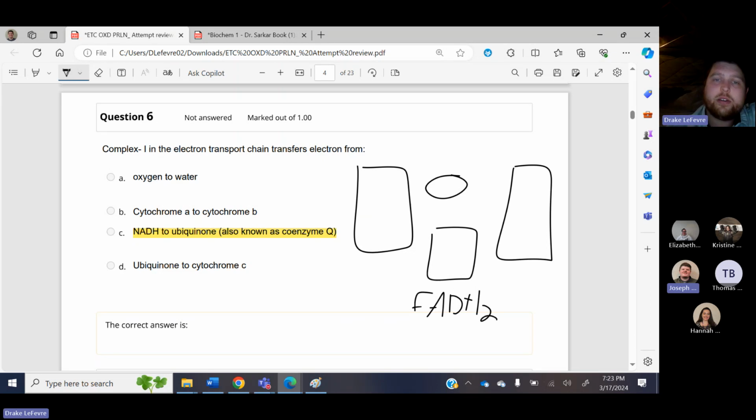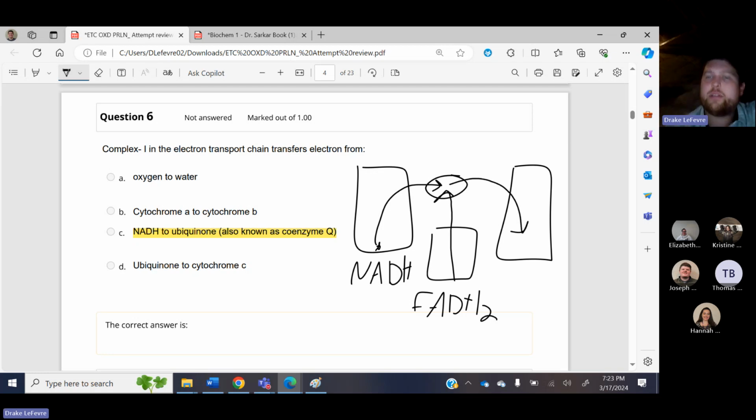So we get the electrons here and transfer them to CoQ. FADH2, complex 2 transfers to CoQ, and then we skip to complex 3. So we don't go directly from complex 1 to complex 2. Both of these feed into our CoQ, aka ubiquinone, and both transport to complex 3.